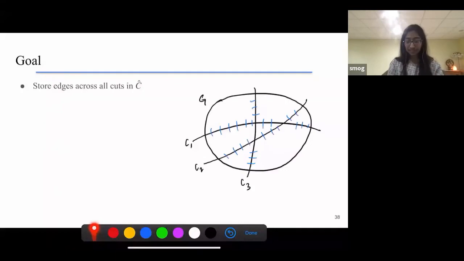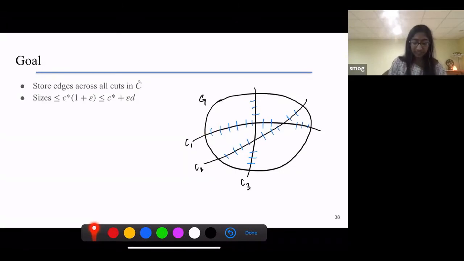It might look something like this: we have some cuts in C hat, C1, C2, and C3, and we're storing all of these blue edges that go across them. The guarantees that we have are that all of these cuts are non-trivial, remember, and also that the size of each cut isn't too large. We're going to say that all sizes are less than C star plus epsilon D, where D is the min degree of the graph.